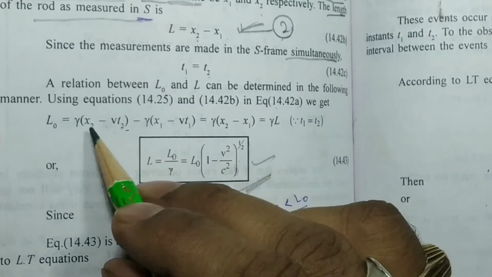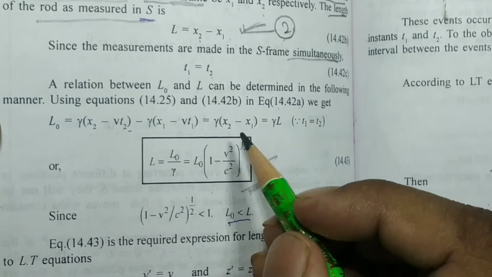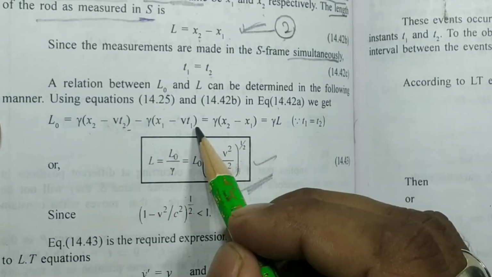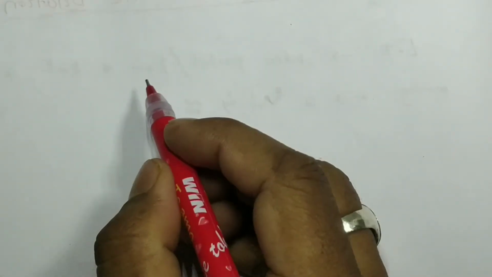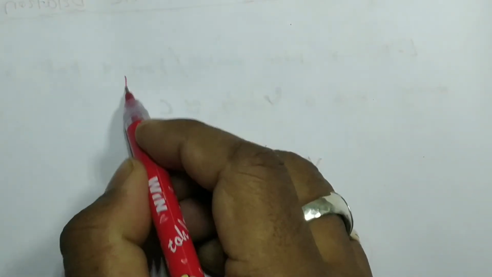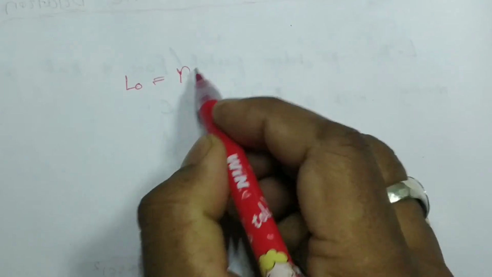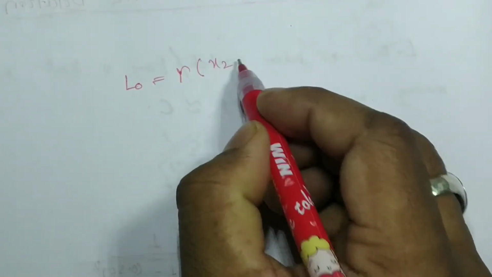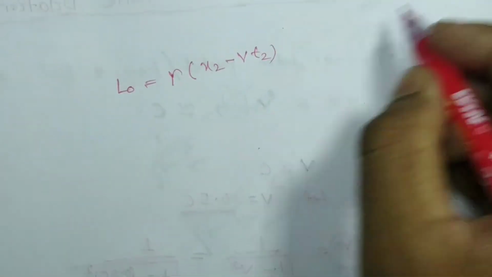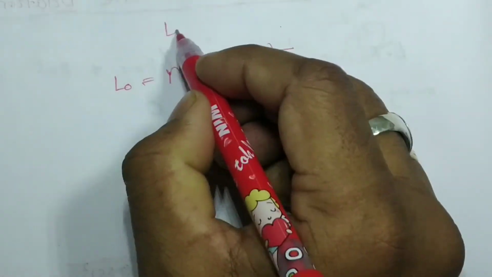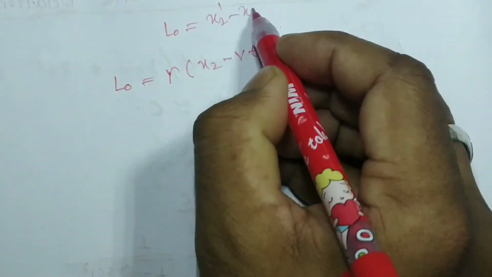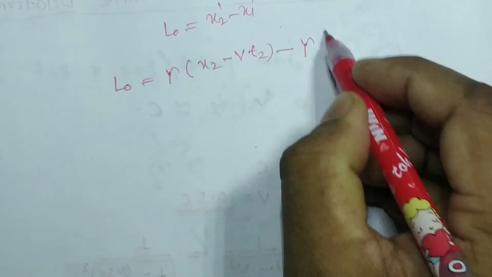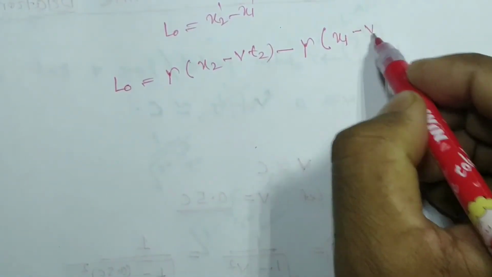So now we have to solve. If we solve this one, then T2 equals T1. I am going to solve it for you, you just watch. L0 equals gamma (x2 minus Vt2) minus, because L0 equals x2 dash minus x1 dash, gamma (x1 minus Vt1).